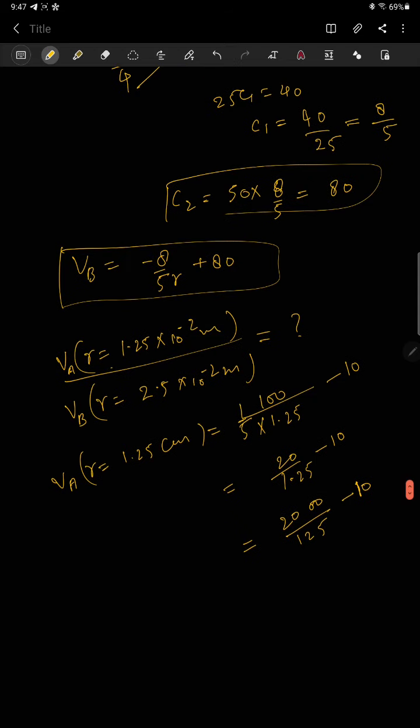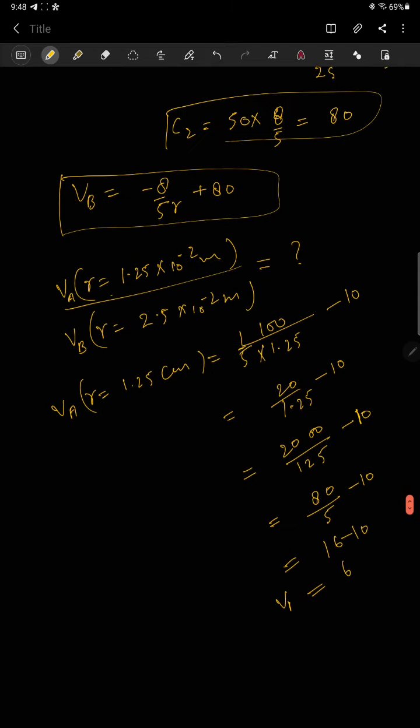Okay, so this is VA at the given location.